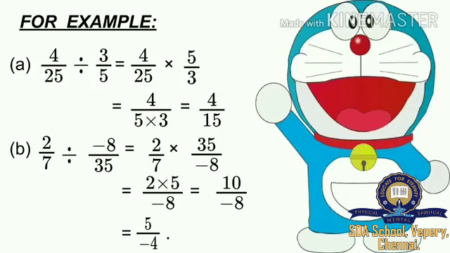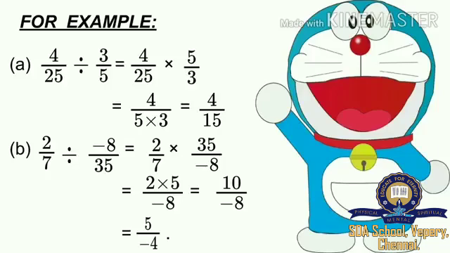And another one, 2 divided by 7 divided by minus 8 divided by 35 is equal to 2 divided by 7 into, we are changing to the multiplicative inverse. So the numerator will go to the denominator and the denominator comes to the numerator.